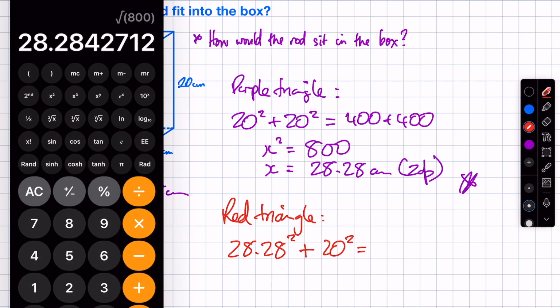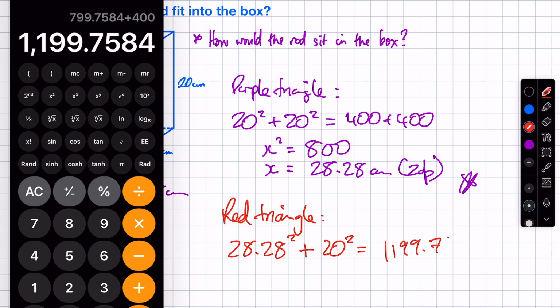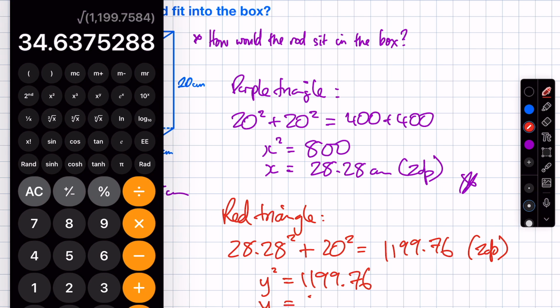So Y squared is equal to 1199.76 to 2 dp. Y is going to be the square root of that, 34.64 centimeters.